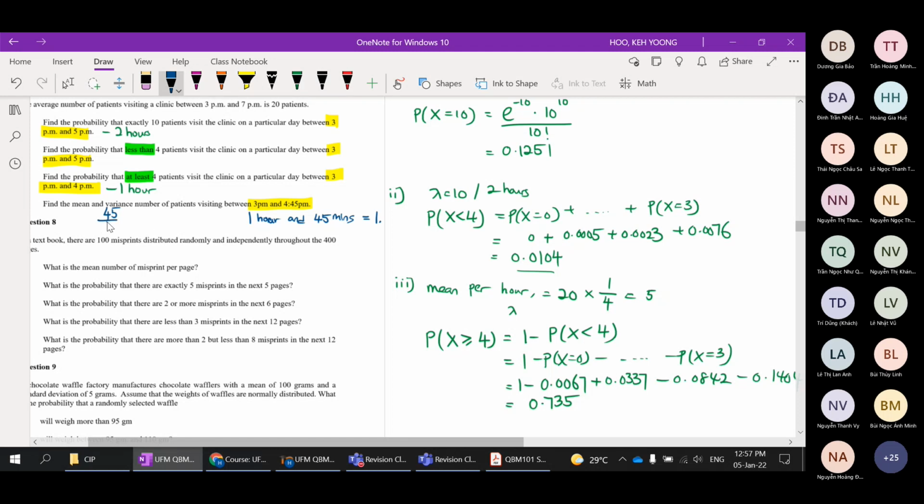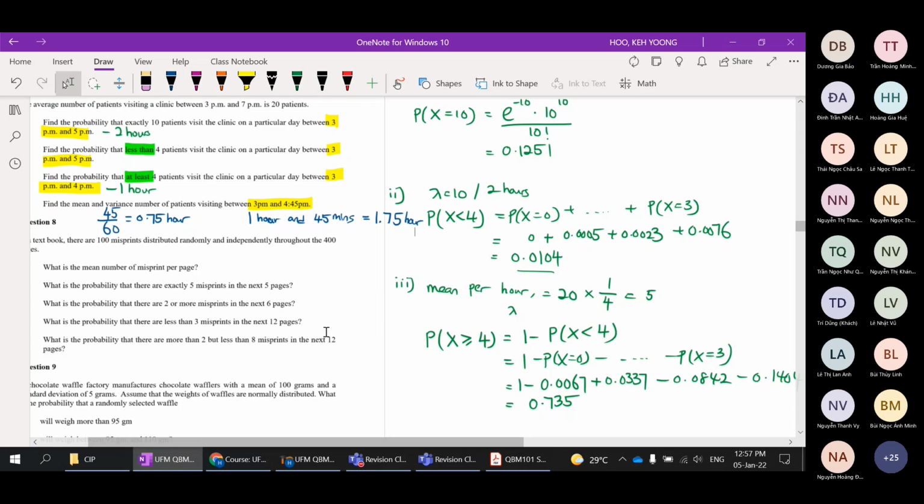So we divide by 60. 45 divided by 60 is equal to 0.75 hours. So 1 hour 45 minutes is 1.75 hours.